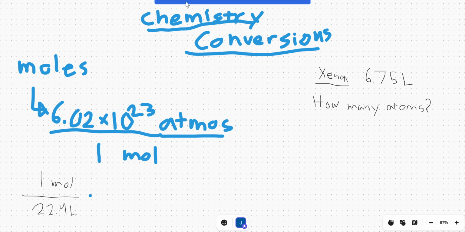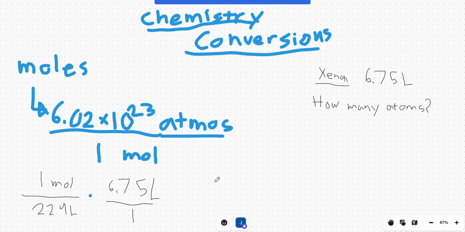We'll have to multiply this by 6.75 liters over 1. In conversions, it's highly important that when we multiply, the unit that we want to solve for, or the unit that we're trying to isolate in order to continue on in our process, is left alone and the other units cancel out.